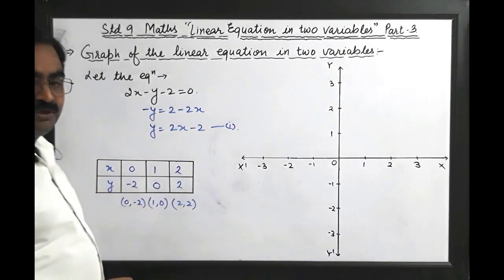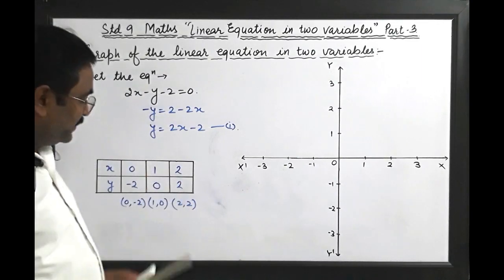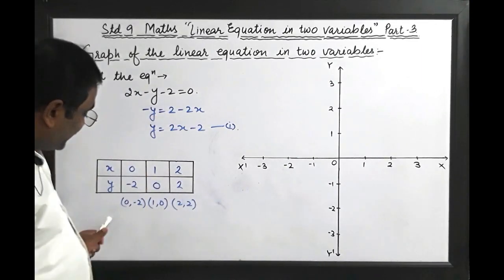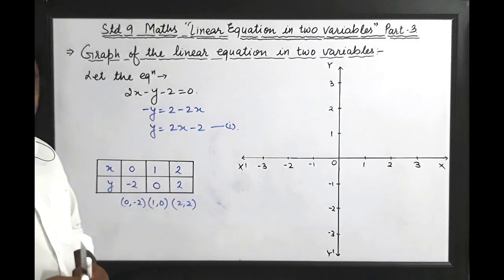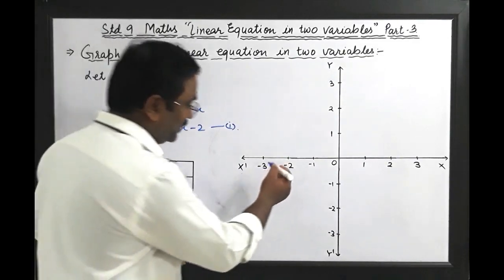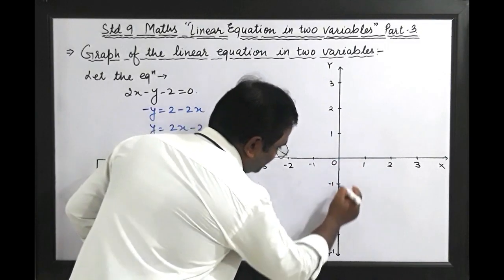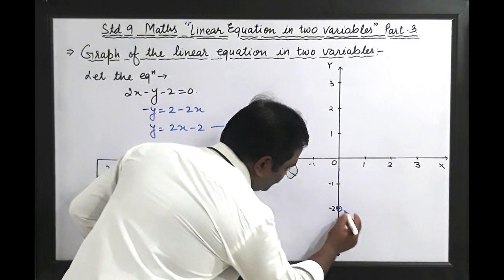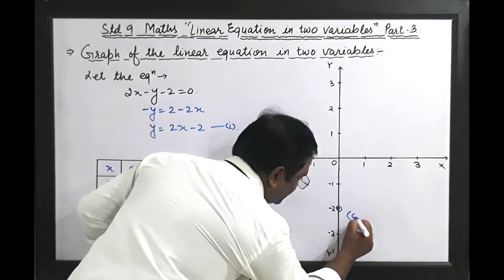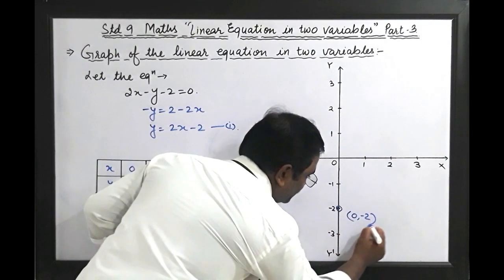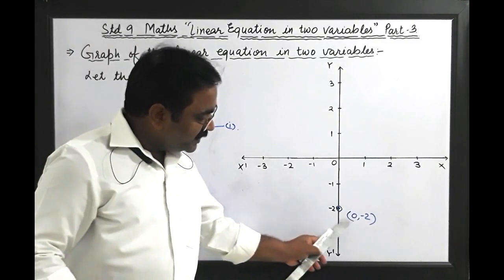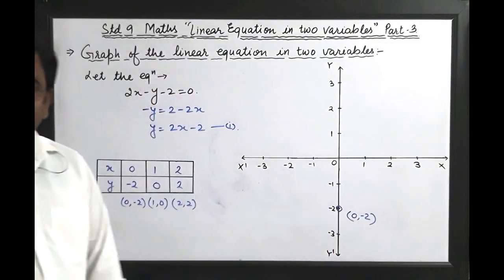So let us plot it. 0 on x-axis but minus 2 on y-axis. So where will this point be? On y-axis it is minus 2. So this is the point whose coordinates are 0, minus 2.